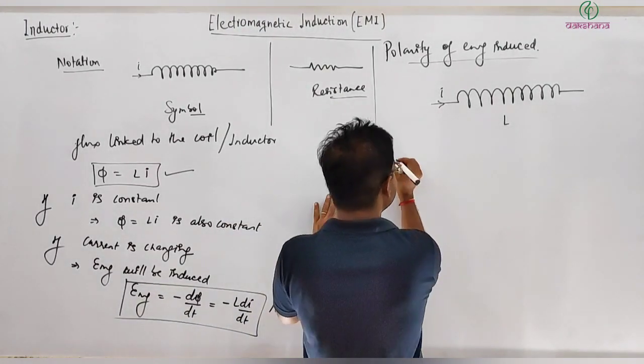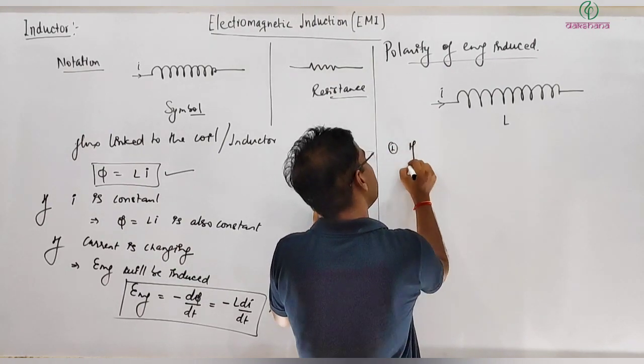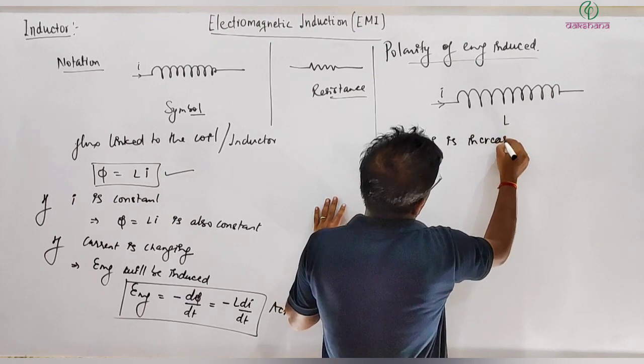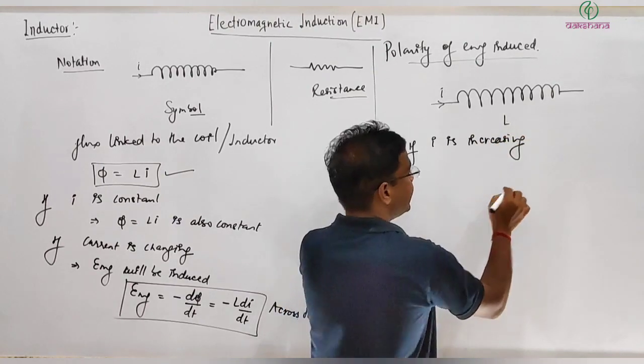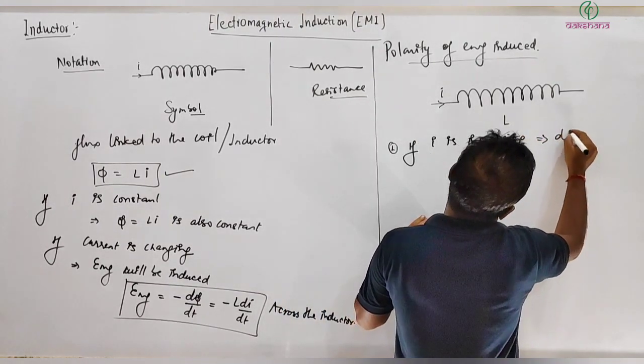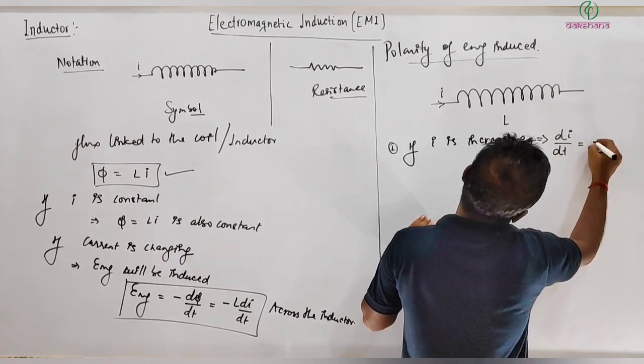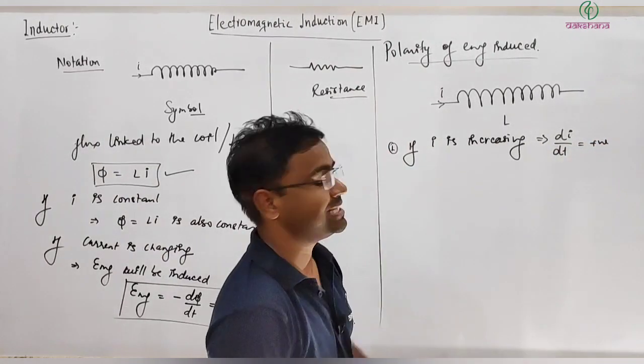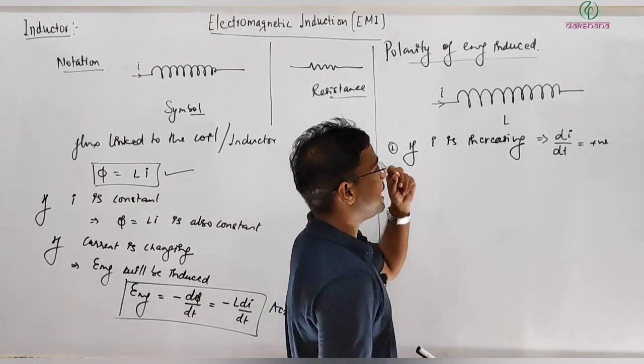Clear? So let me talk about when I is increasing. That implies di by dt is positive, right? It's increasing, that means it's positive. Now what will happen?